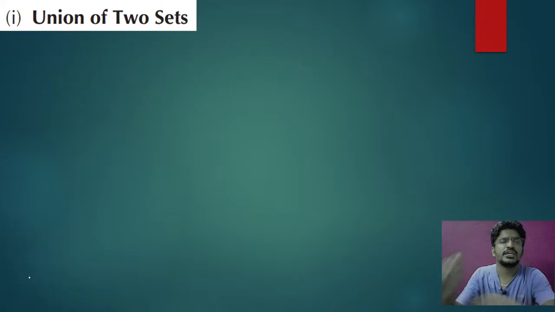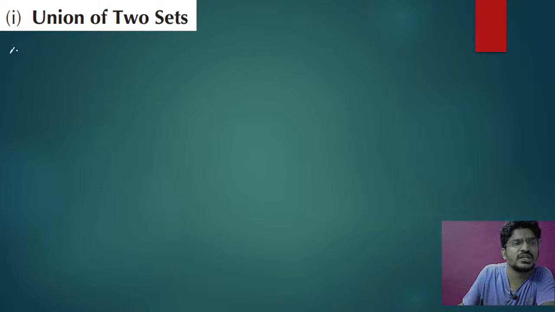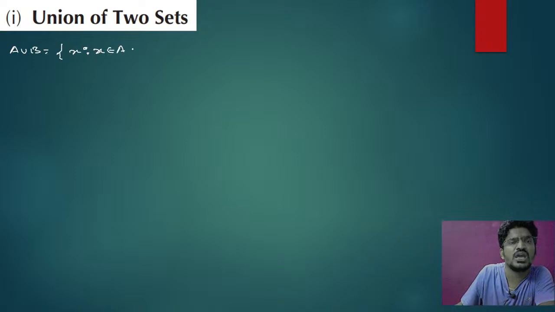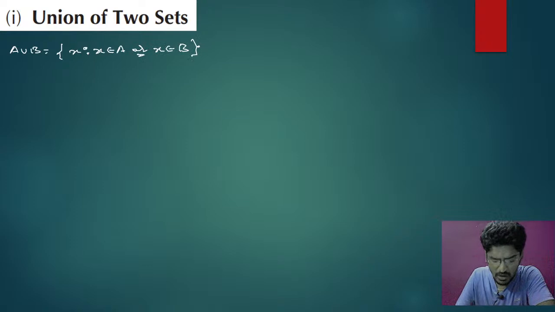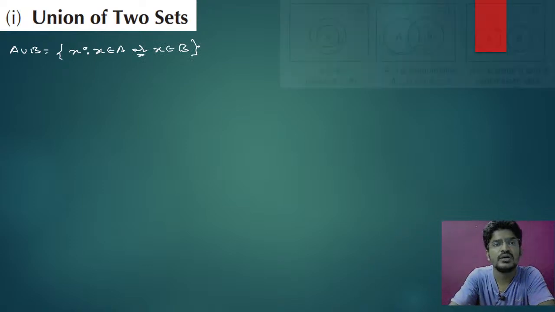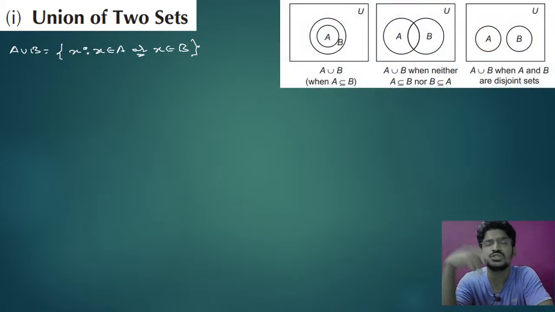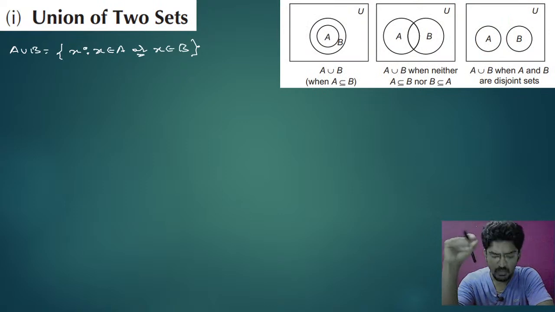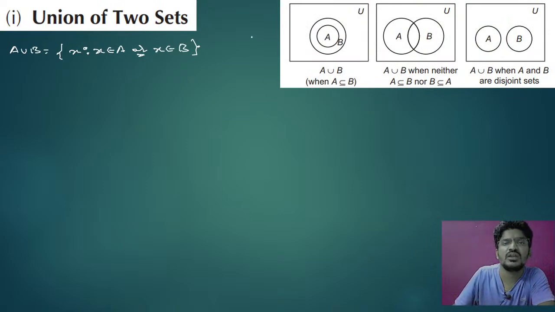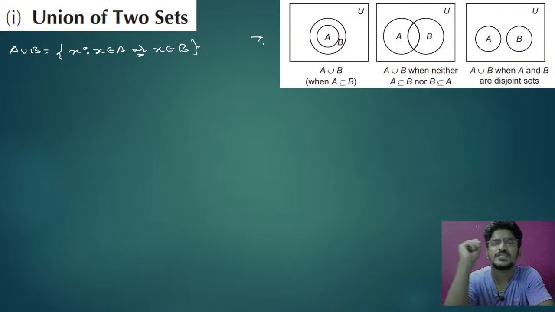Before I go for the next concept, you just go through it. That is A union B will be equal to X such that X belongs to A or X belongs to B. Now you just go through this. Very important. See here, with this diagram, I want to explain one very important thing.